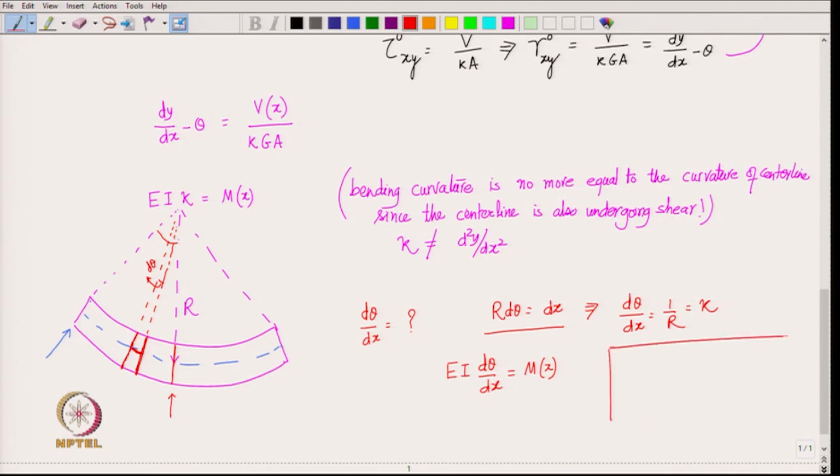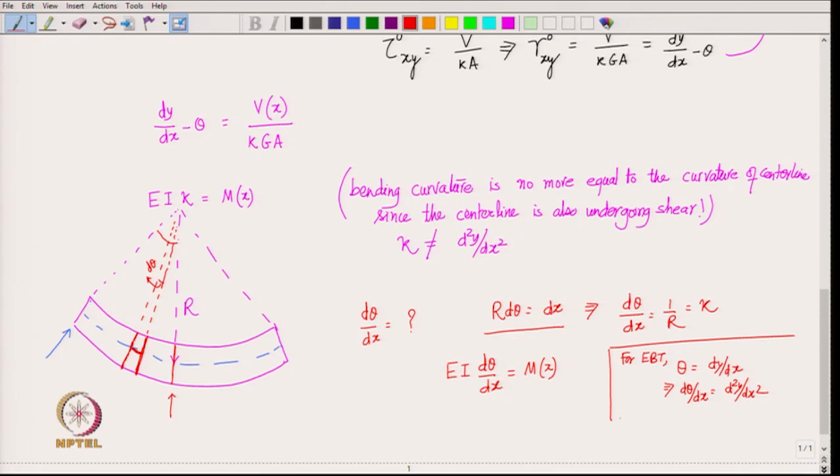So, let us make a remark here for EBT, θ equals dy by dx. So, that means dθ by dx is equal to d2y by dx2, and that is the equation that we had, EI d2y by dx2 equal to M of x.